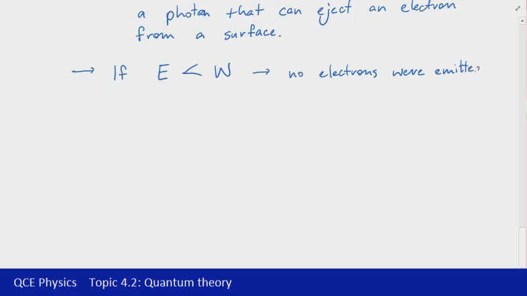When the photon energy is less than the work function of the substance, no electrons. If the photon energy is greater than the work function of the substance, the excess energy is transferred to the electron, and it's transferred as kinetic energy.